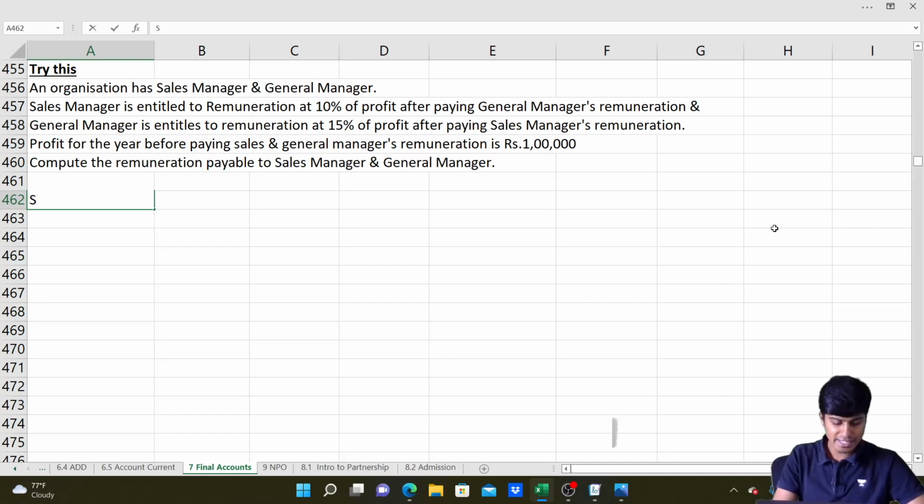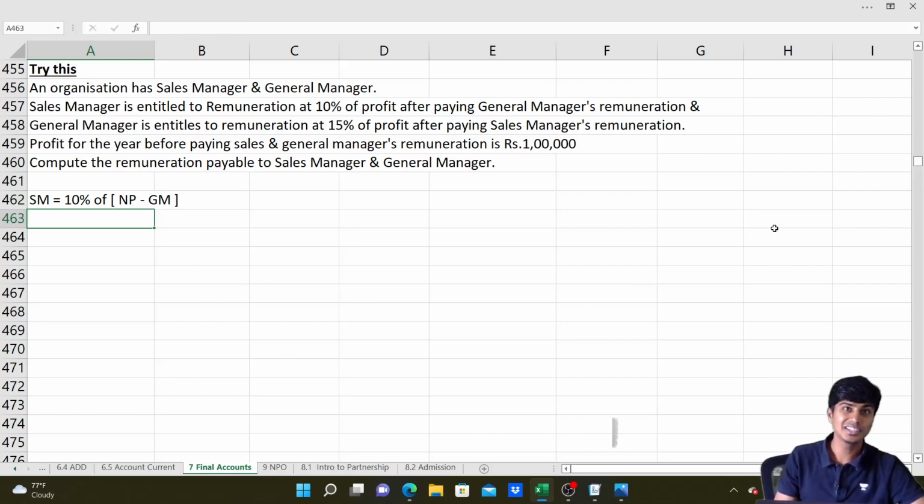Now, can I say my sales manager's remuneration is basically 10% of net profit? Let's say net profit as NP, minus 10% of net profit minus general manager's remuneration.